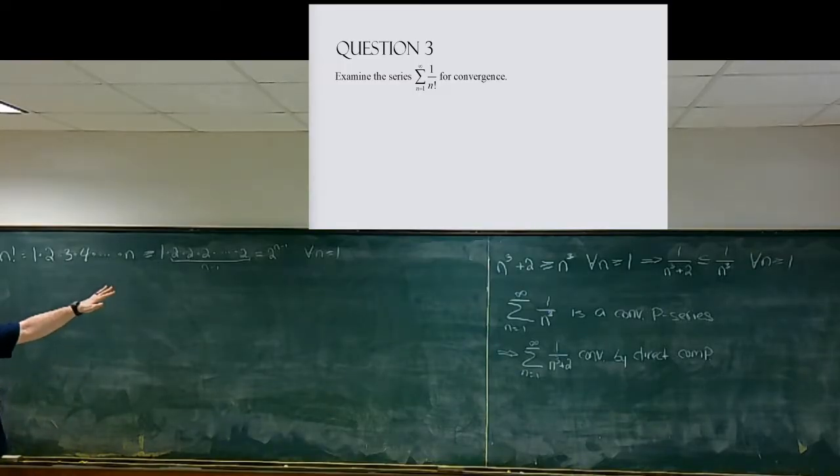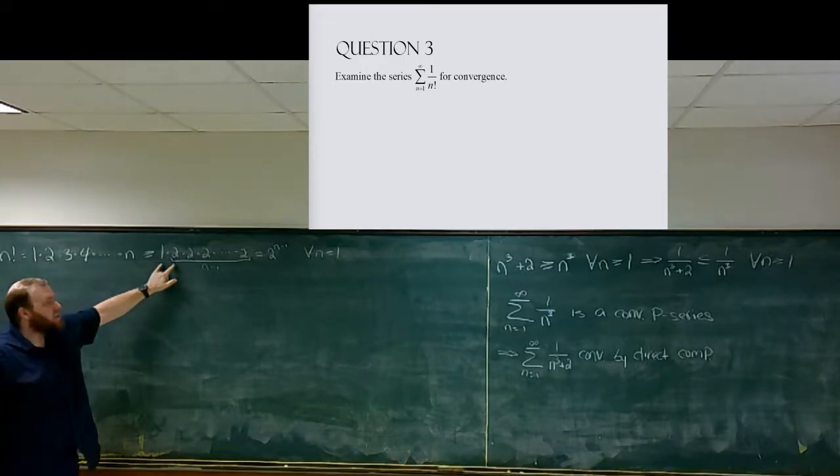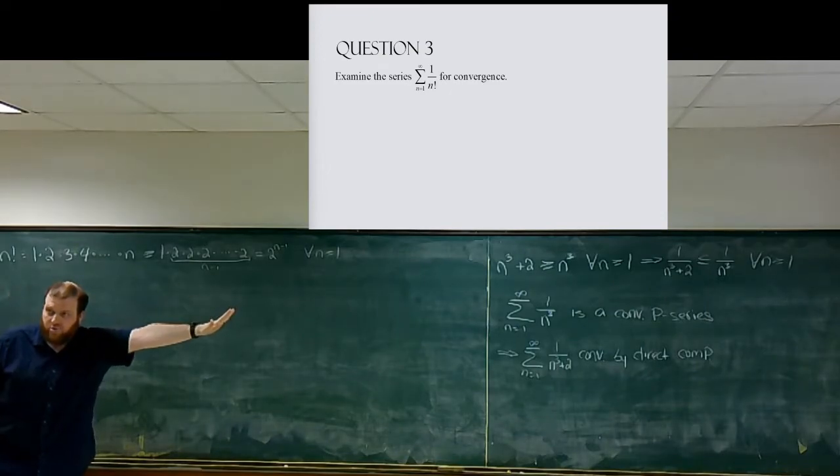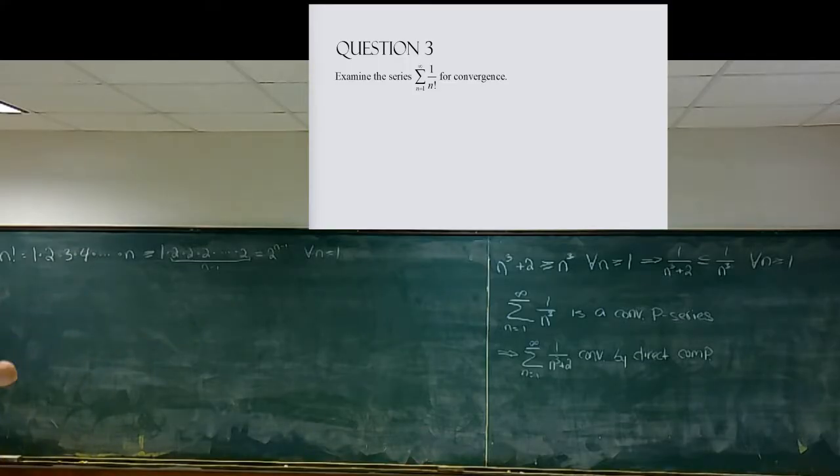They would be equal when n is 1 and n is 2, because those are the two terms which aren't being replaced. This would now be strictly greater for n of 3 or larger. But that's not what the direct comparison test requires; it doesn't have to be strictly larger, it just has to be larger or equal.